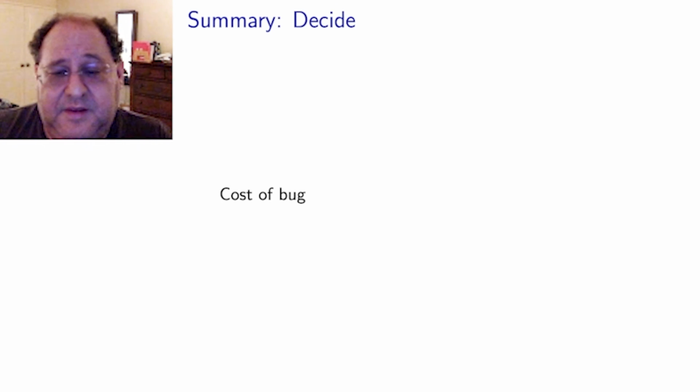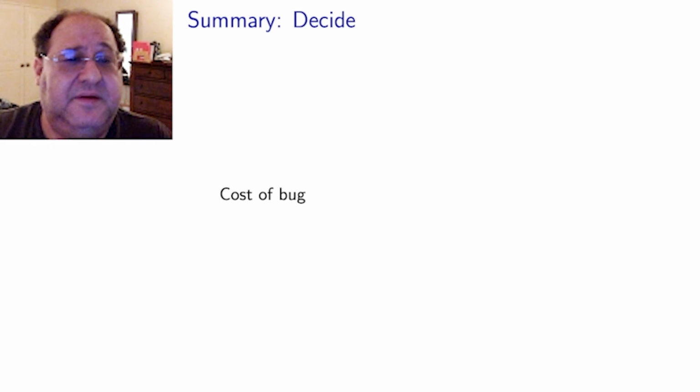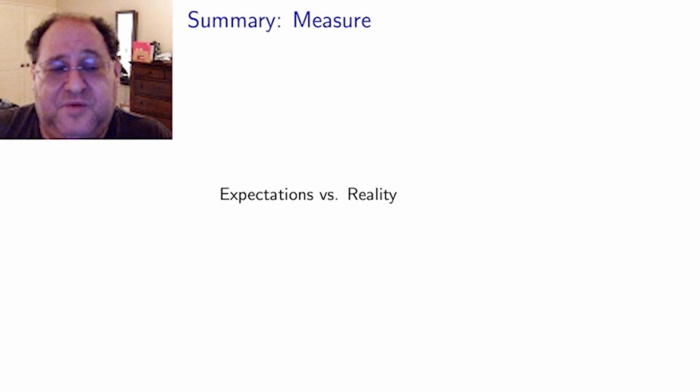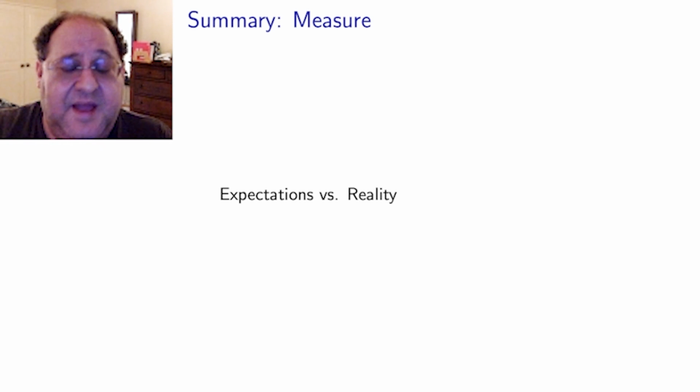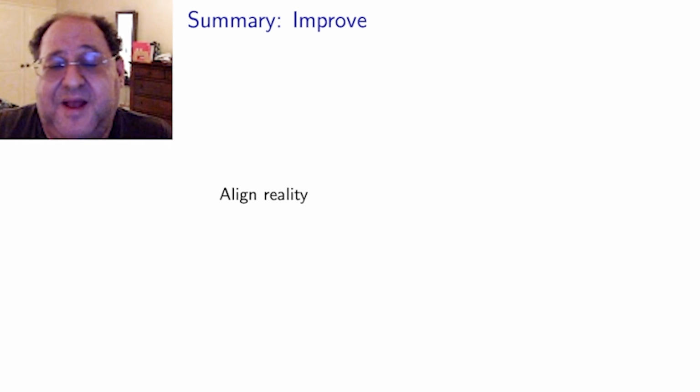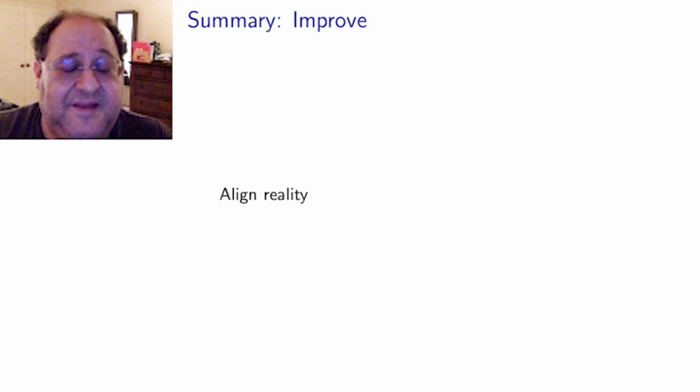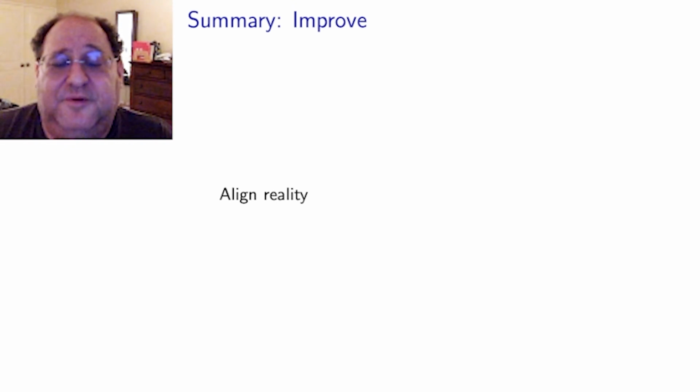You want to decide what the cost of a bug is, and you want to measure what you intended it to be, now that you know your goal versus the reality. And then you want to improve. You want to align reality with what you want. And the F-score can be a very useful guide for that.